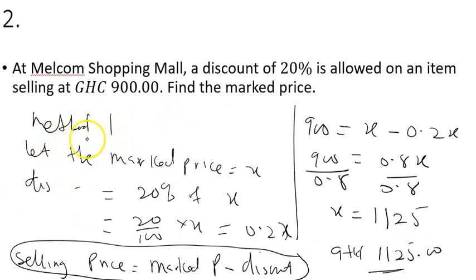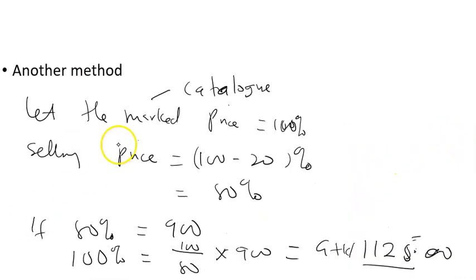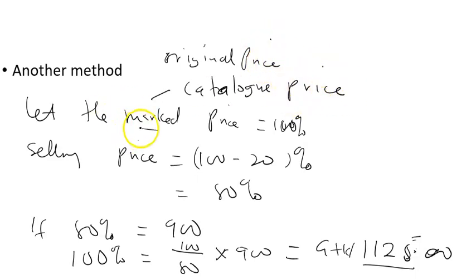Is it method 1? Let the market price equal S. Discount equals 20% of S, so find 20% of S, 0.2S. And use the relation selling price equals market price minus discount. So 900 equals S minus 0.2S, then solve for S. Or use method 2. Let the market price equal 100%, the original price, catalog price, which are the same.